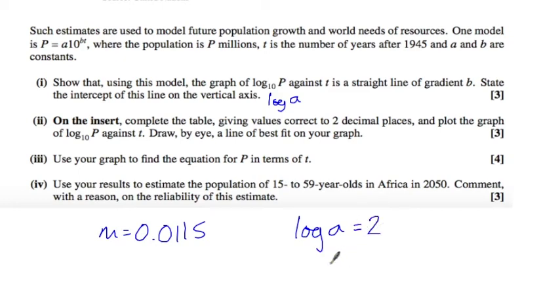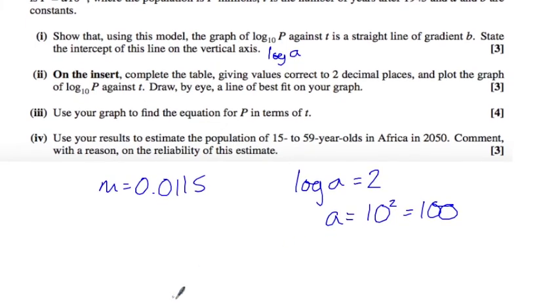So if log a is 2, a will be 10 to the power of 2, which is 100. So if we sub that all into our model, we'll get p equals 100 times 10 to the power of 0.0115 t.